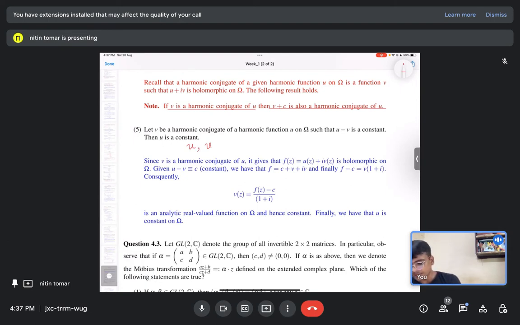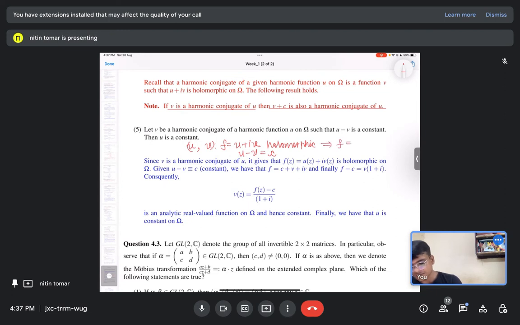What does it mean? That U plus iota V is holomorphic. This is a holomorphic function. But we have been given that U minus iota V is a constant, let's say C. So if this function is F, what does F become?